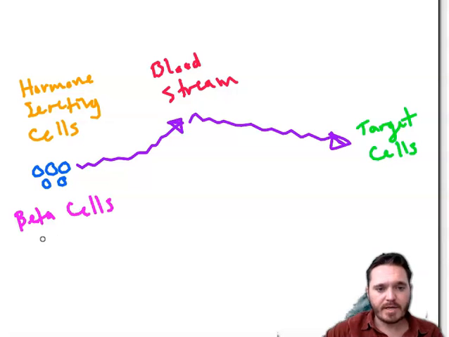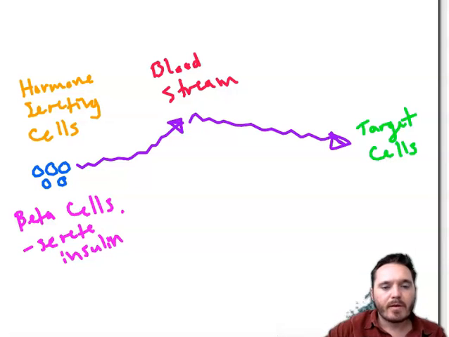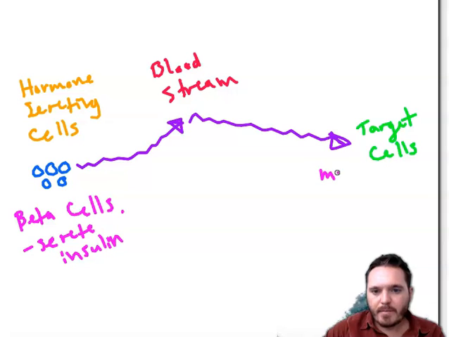They would be secreting the hormone insulin. It gets carried into the bloodstream, and then the bloodstream carries it over to the target cells. What are the target cells in this case? Those are going to be the muscle cells.